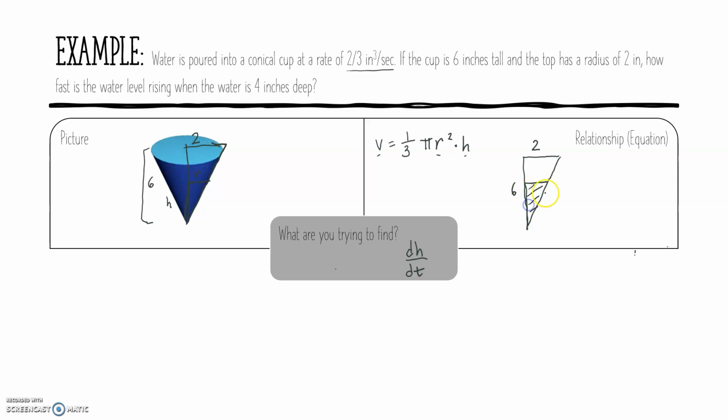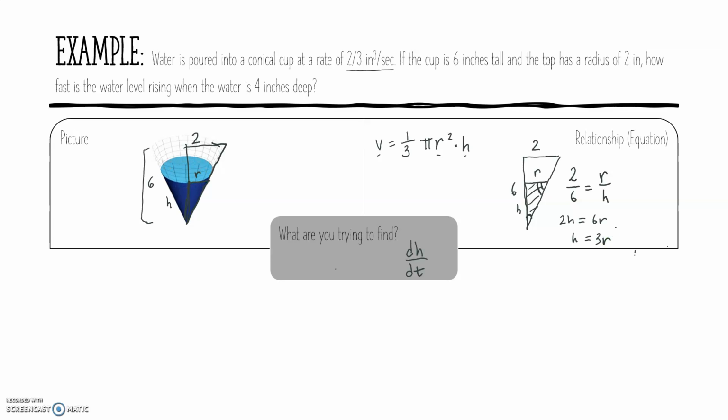And so the dimensions of the water triangle are R and H. But those two triangles are similar because they share an angle, and these two lines are parallel, so they share another angle. And so they're similar triangles, so we can also say that the sides are proportional. So 2 over 6 is equal to R over H. Or another way of saying that is that 2H equals 6R, or that H equals 3R.